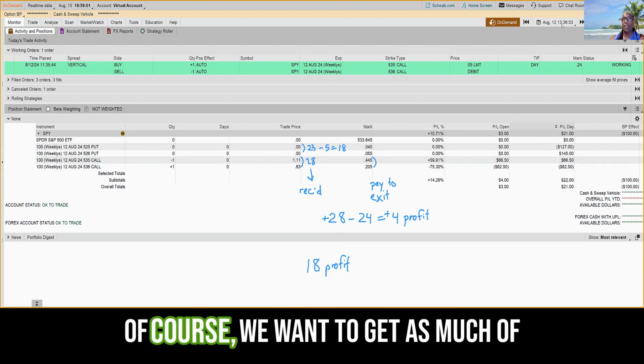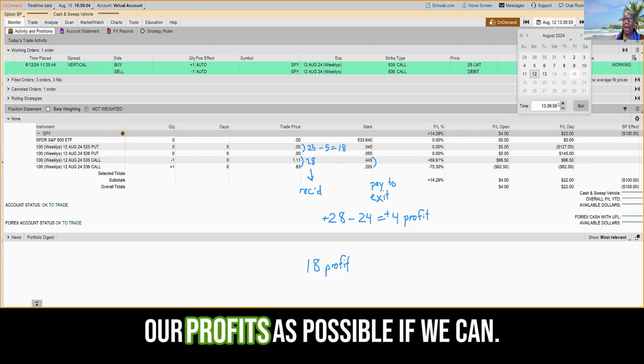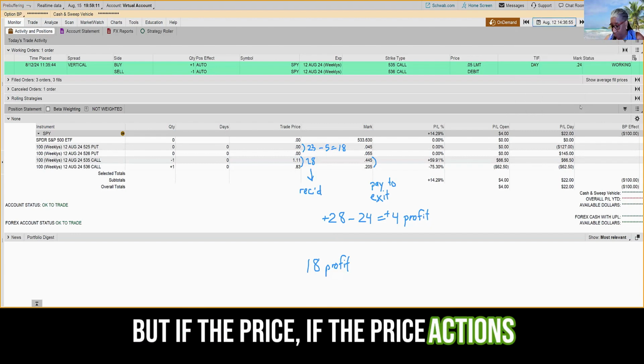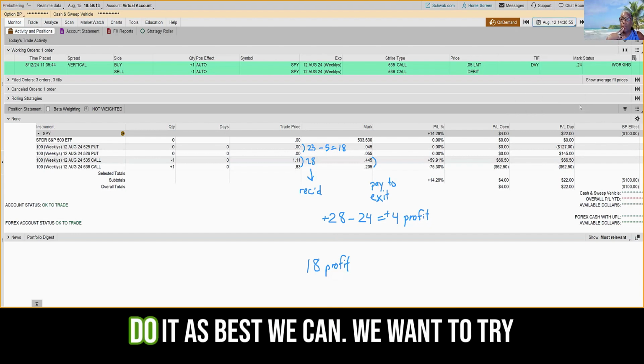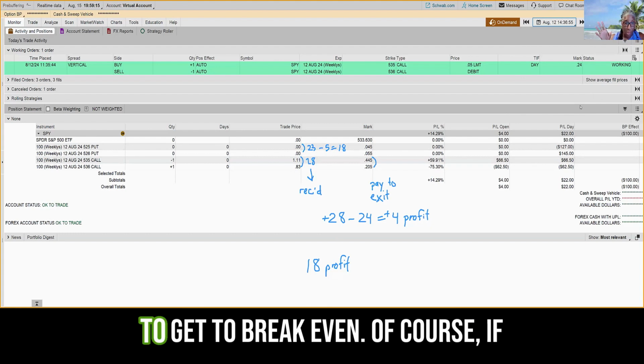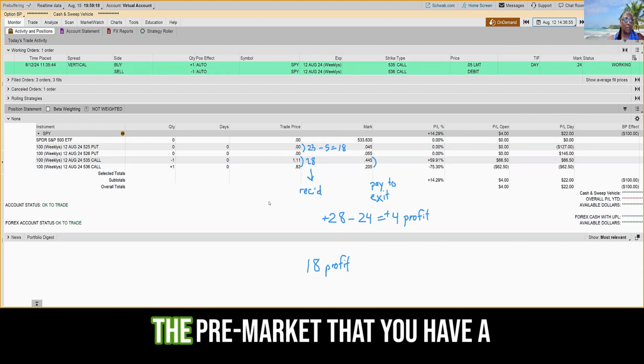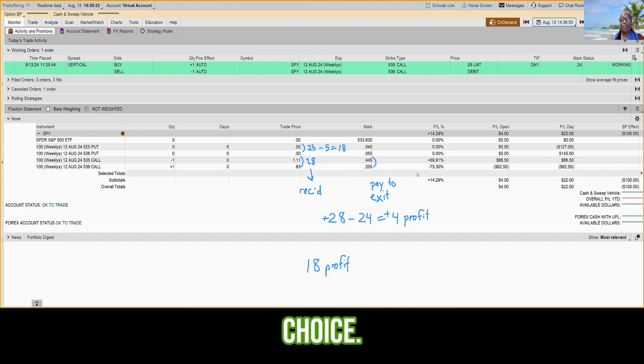But of course, we want to get as much of our profits as possible if we can. But if the price action starts to work against us, we want to try to get to break even. Of course, sometimes it just jumps so much in the pre-market that you don't have a choice.